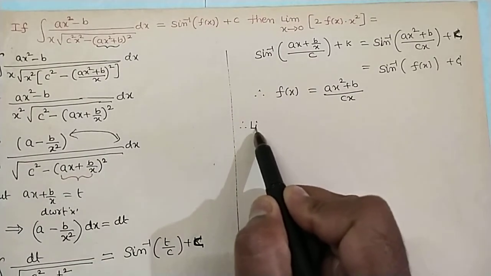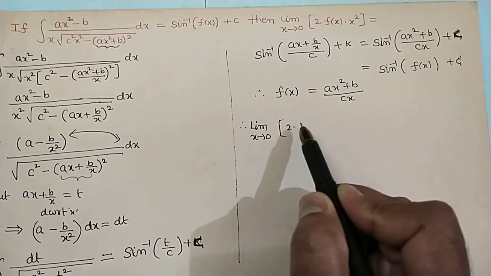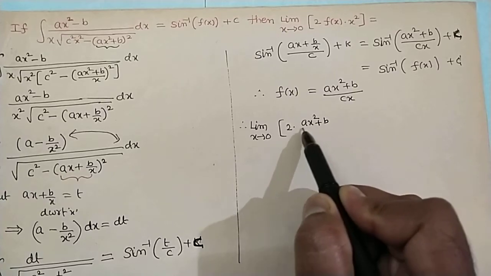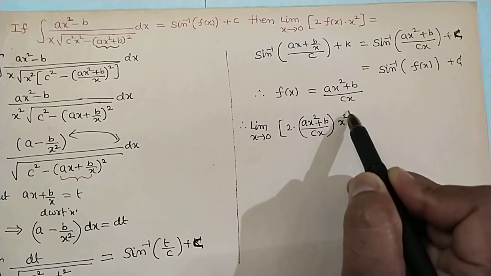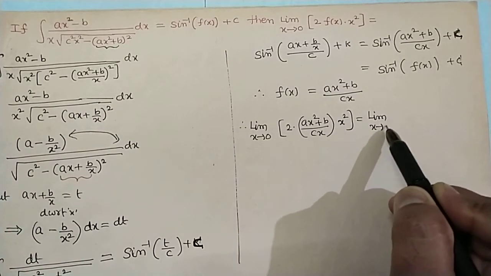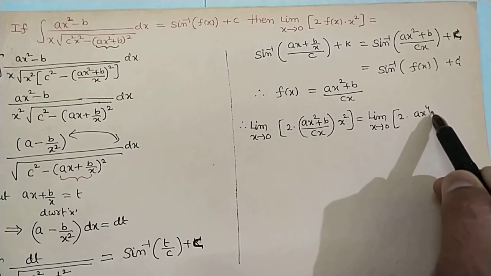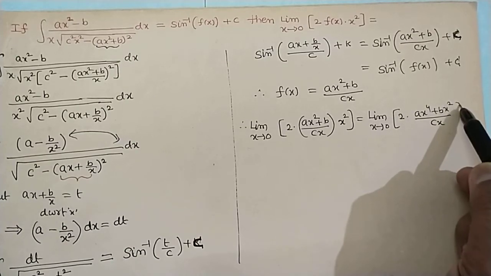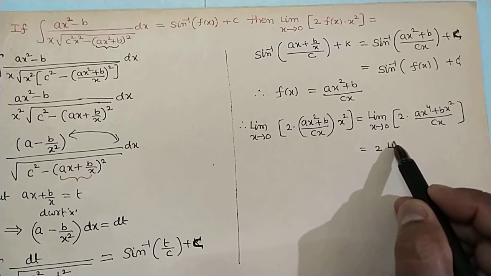Therefore, limit x tends to 0 of 2 into f of x into x square is what? (ax square plus b) by cx into x square, equal to limit x tends to 0 of 2 into (ax power 4 plus bx square) divided by cx. The constant 2 we can take outside.